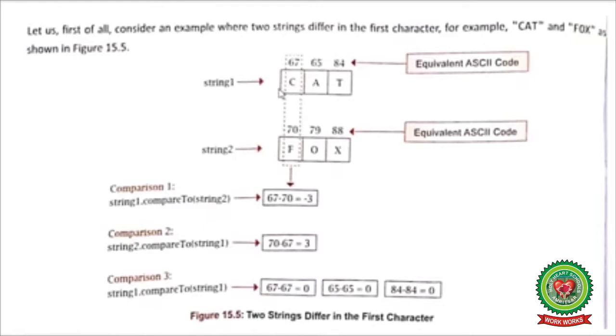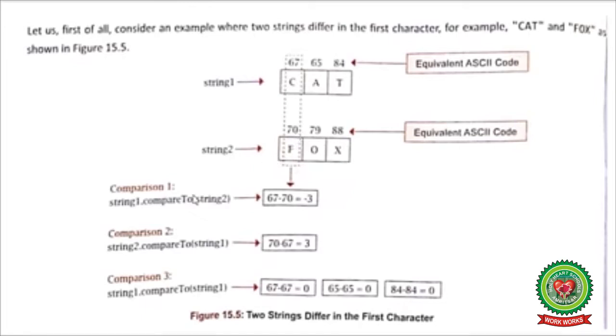Here I have taken two strings. One is CAT in uppercase. Number 2 is FOX, that is also in uppercase. Now, how will compareTo compare these two strings? It will check the ASCII value of the first character. C has an ASCII code 67 and capital F has an ASCII code 70.